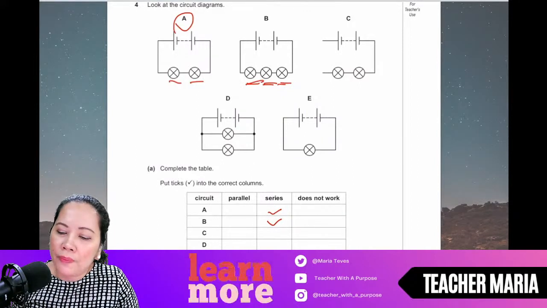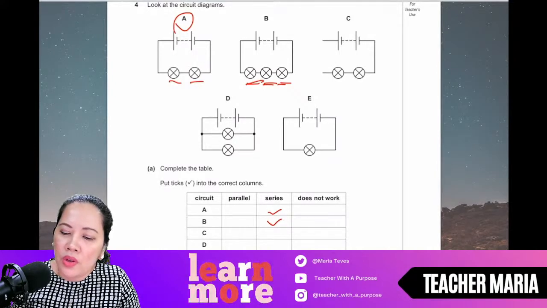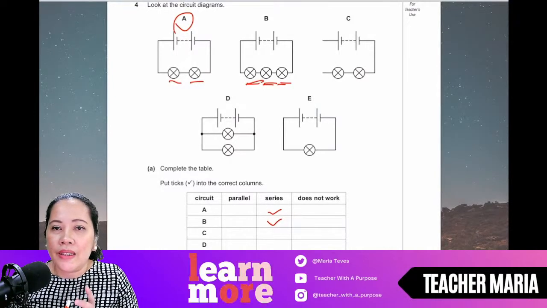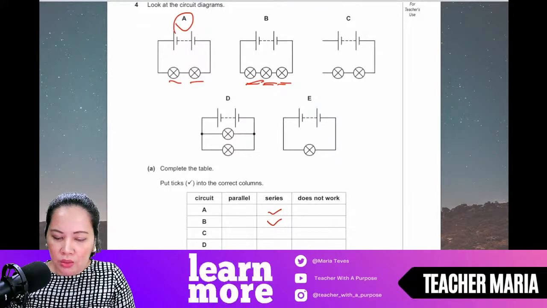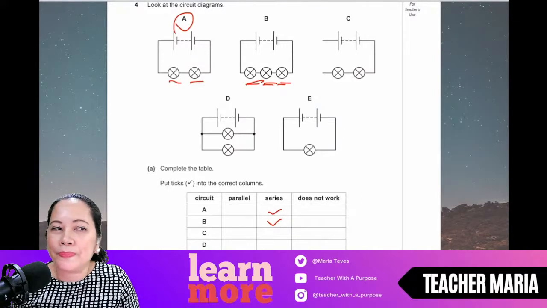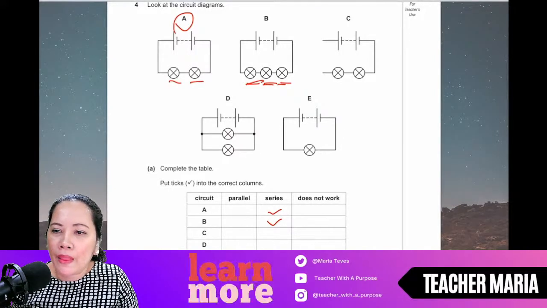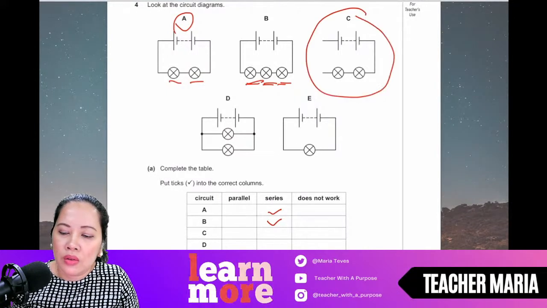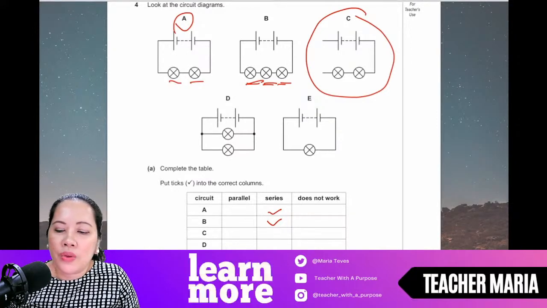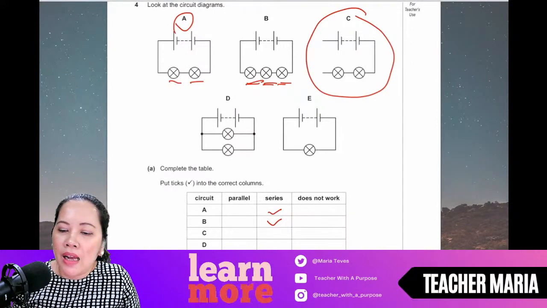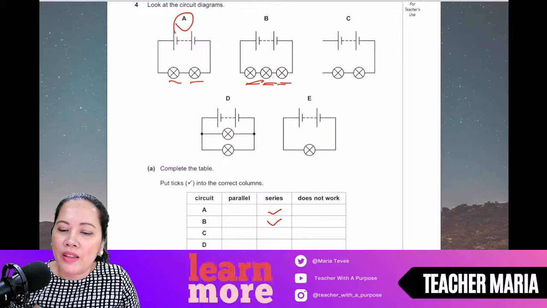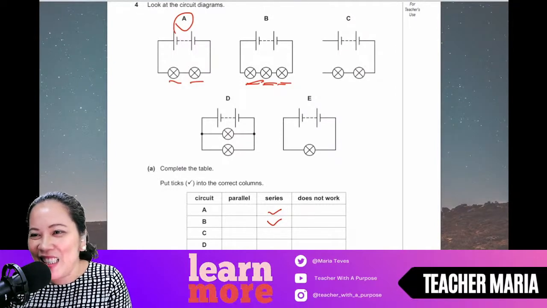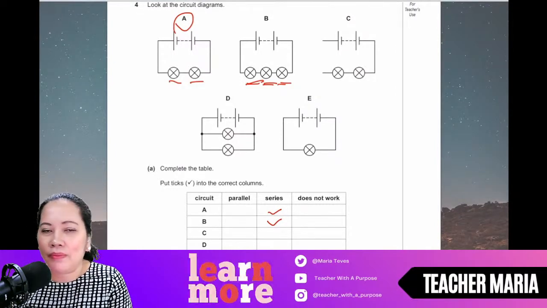How about C? Will this be a series, will this be a parallel, or it doesn't work? What do you think is the C?